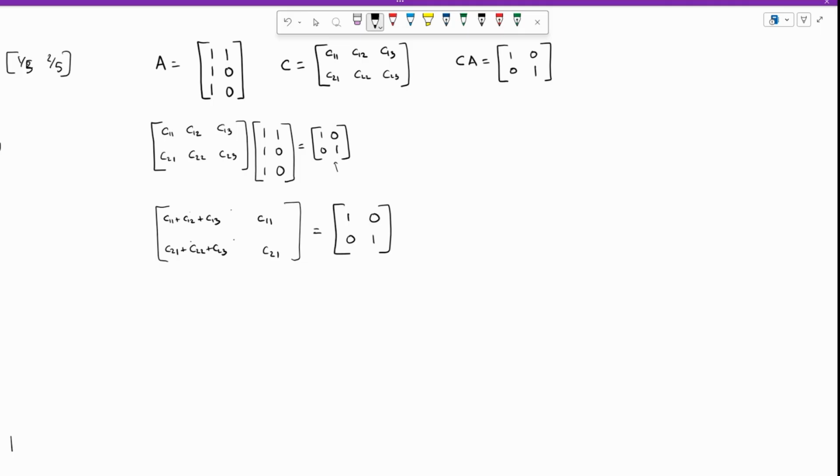Now maybe it's more clear. We have 4 equations and 6 unknowns. The equations are C11 + C12 + C13 equals 1, C11 equals 0, C21 + C22 + C23 equals 0, C21 equals 1.